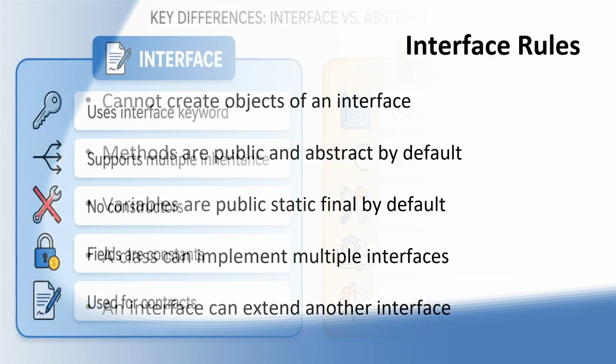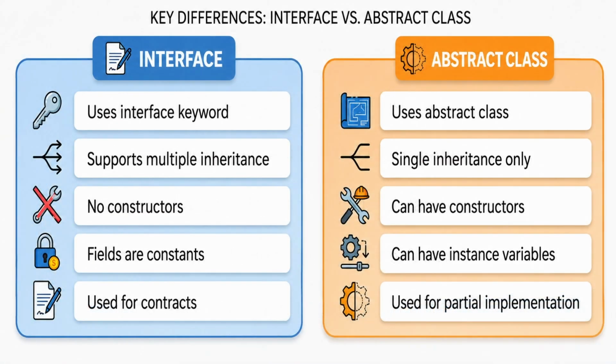Now let's see, what are the differences between an interface and an abstract class? For an interface, just now we have seen we use the interface keyword, and for an abstract class, we use the keyword abstract class.